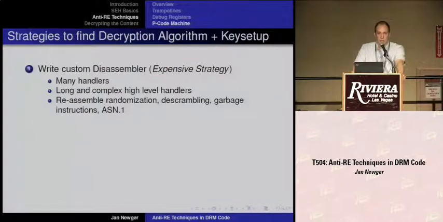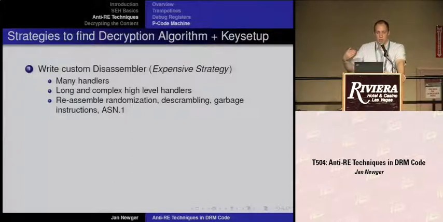Okay, so what strategies could be developed to attack such a system? Probably the most expensive strategy would be to just write a custom disassembler. But the problem with this is that we have really many handlers. In this case, it was 256. And also, you have mixed handlers, as I said, those two sets with the native and the opcode handlers.